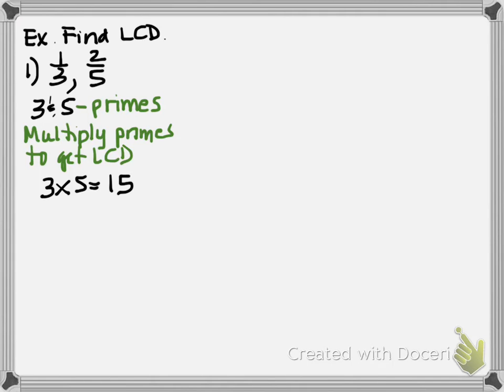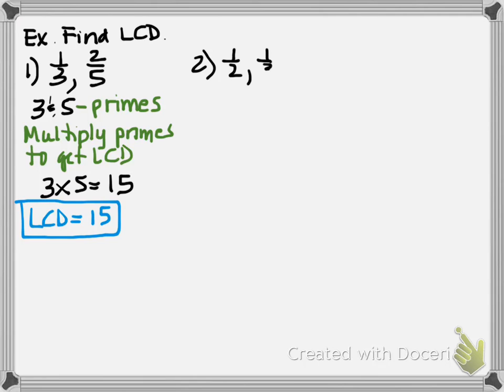Okay, so the LCD for this problem is 15. So to eliminate fractions where you had 1/3 and 2/5, you would be multiplying by 15 to eliminate the denominators.